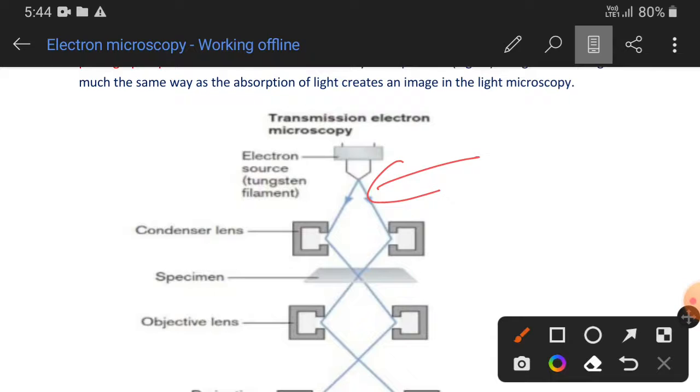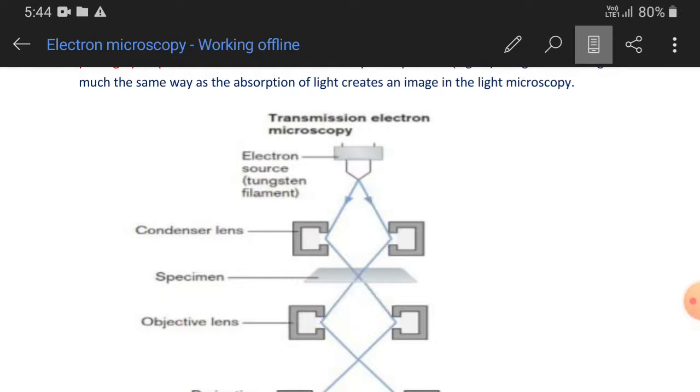That means if these electrons have the ability to create the image of the specimen, make sure you understand clearly that the image will have more resolution than what we got in earlier times when we used light microscopes.